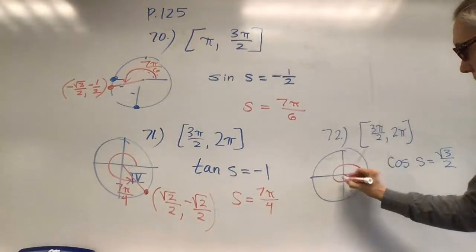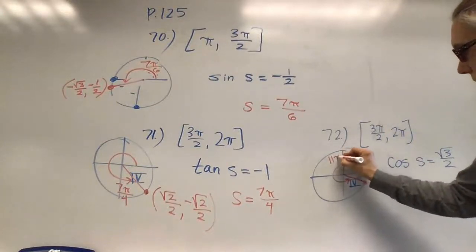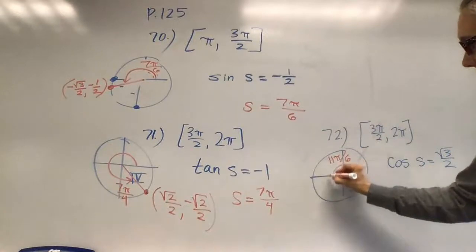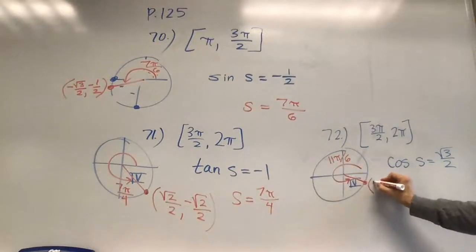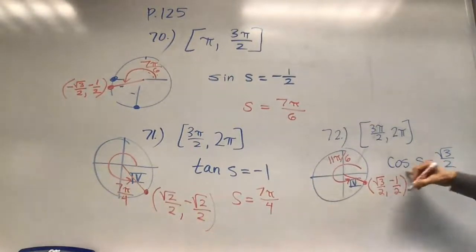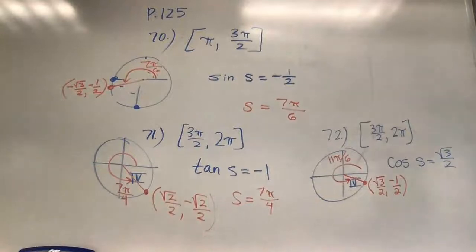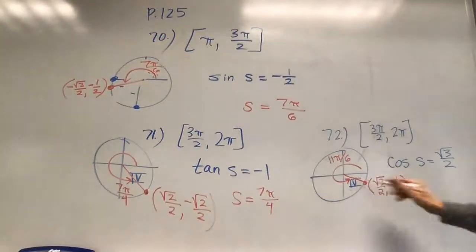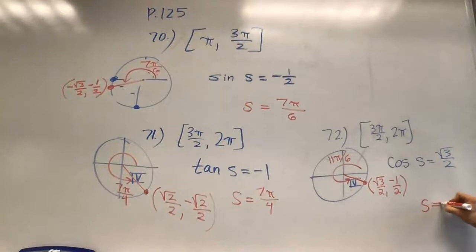This value is 11 pi sixths. That angle is 11 pi sixths. Here I have the point root 3 over 2, -1/2. I'm looking for a cosine value that's positive root 3 over 2, and there it is. So that means that s is equal to 11 pi sixths.